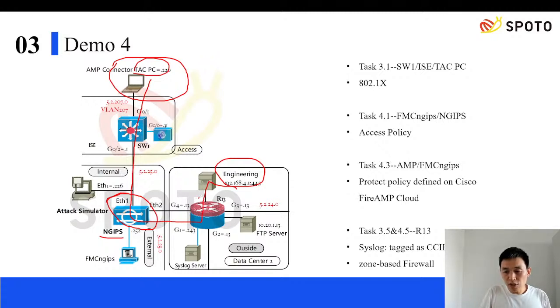After configuring these 2 tasks, the syslog server on the management PC should be able to receive debug messages from router 13 for the debugging of the zone-based firewall configuration.